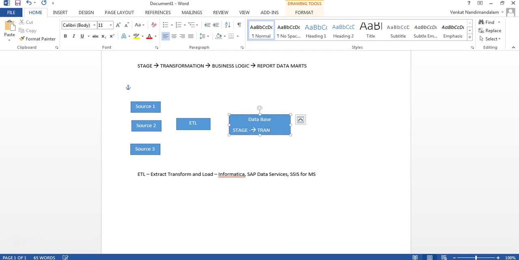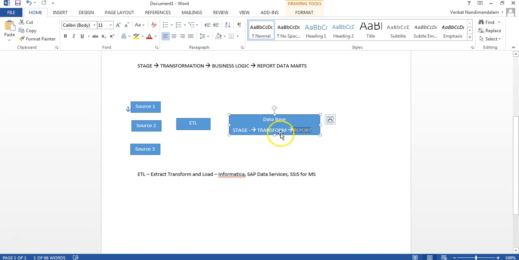Then you move the data to the next schema, while moving the data from stage to transform, you are going to apply the basic transformations you need for the data sets, and then you'll create another schema. While moving data from transform schema to report schema, you are going to apply all the business logic that customers are expecting. So whatever data you have got in this schema is going to be the final data set that will be used to build the reports.